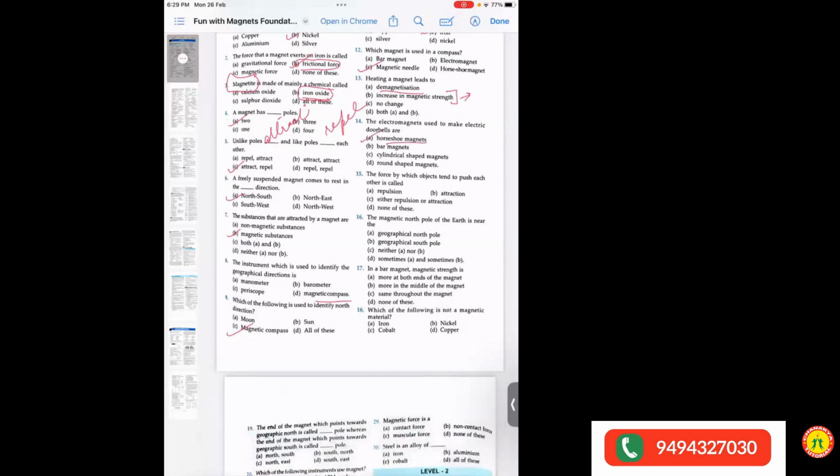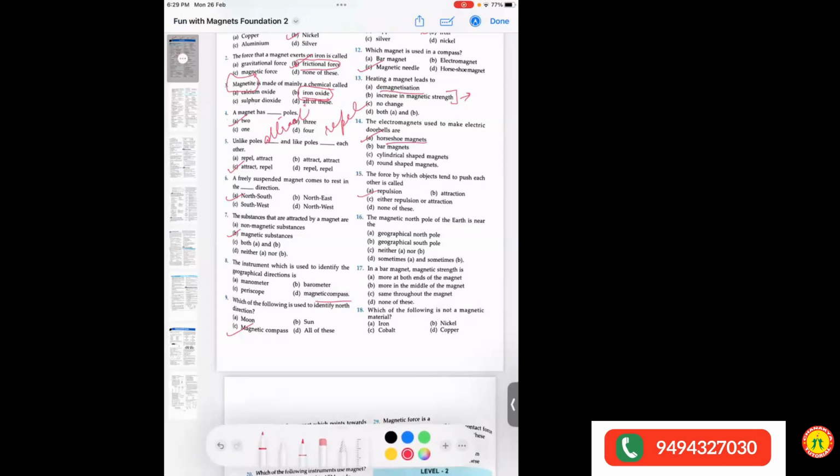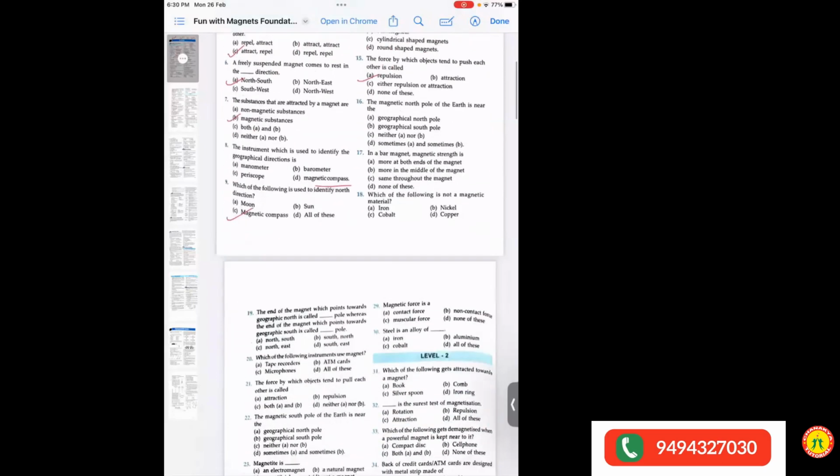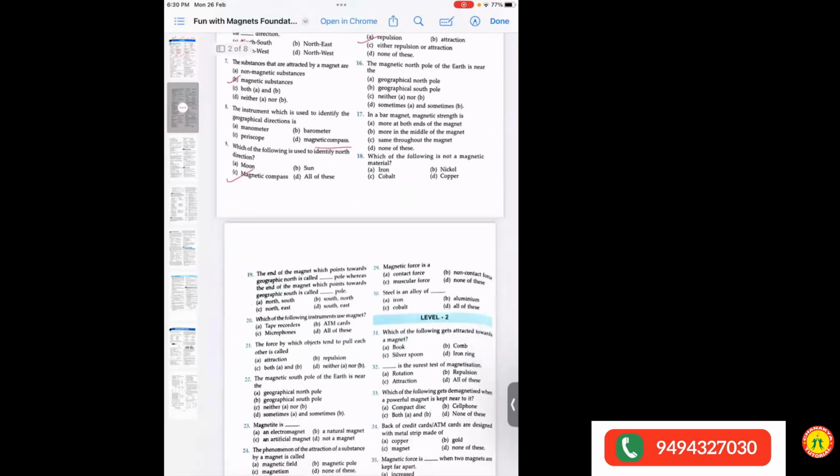Yes. Question number 15, Soumya. The force by which objects tend to push each other is called repulsion. Correct. So the force by which objects tend to push each other. Question number 16, Anu.